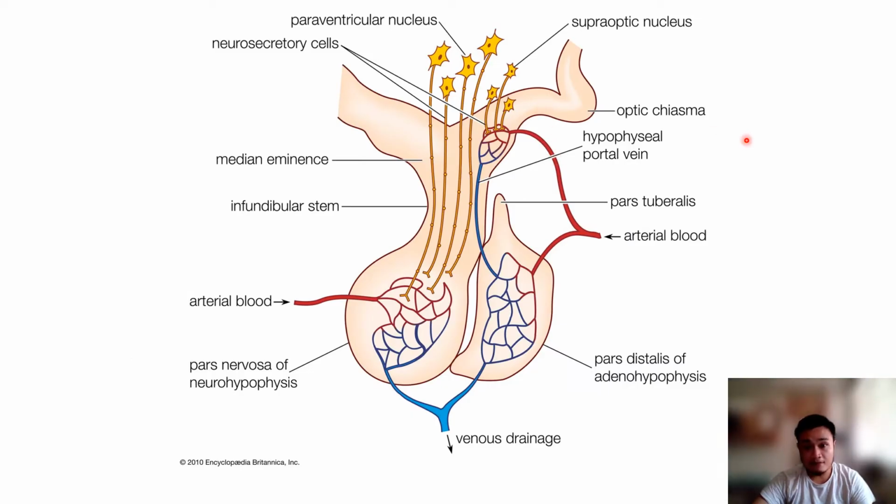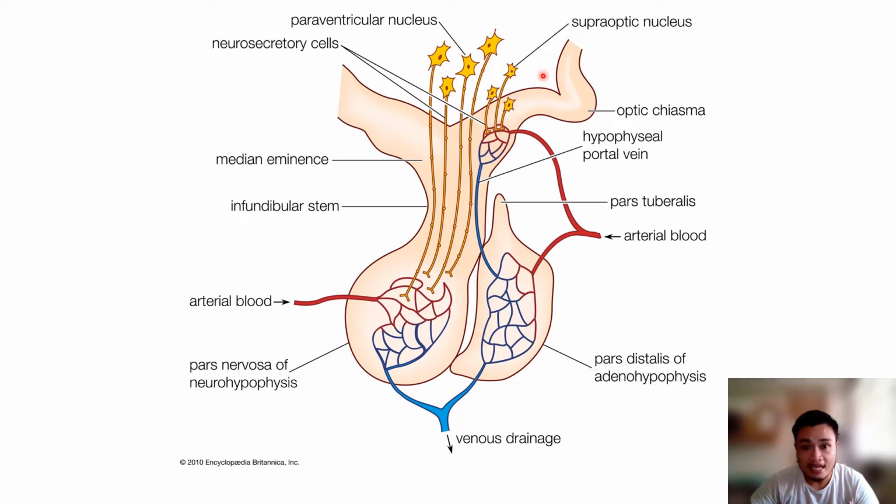Just to emphasize the difference between the regulation of the release of hormones from the anterior and your posterior pituitary, here is a diagram, so I will be explaining it to you. As previously mentioned, the releasing and inhibiting hormones released by the hypothalamus, so dito yung hypothalamus, that affect the anterior pituitary, have to go through the hypophyseal portal system.